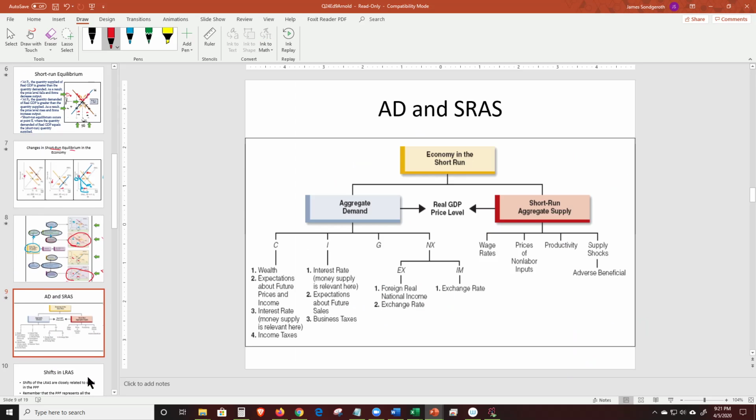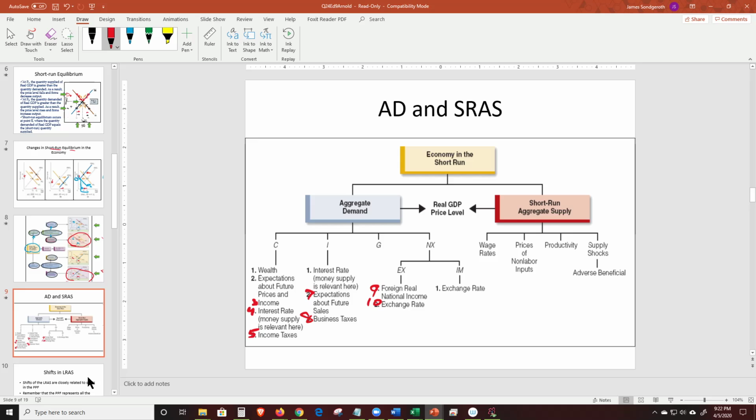All right. So here we have all the variables. And if you count them, there's 1, 2, 3, 4, 5, 6, 7, 8. Well, there's only 8. I thought we had counted 10. I had counted 2 here. So about future prices and income, I said that was 3. 4, interest rates. 5, income taxes. 6, I thought we left those the same, and this would be 7, 8, 9, 10.